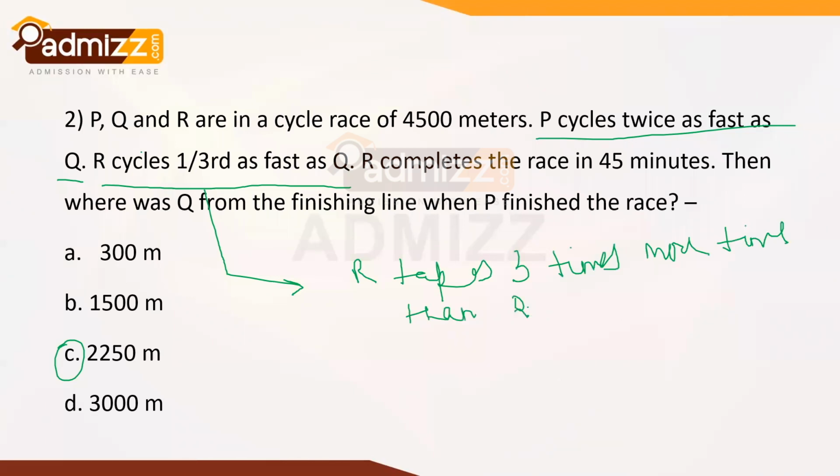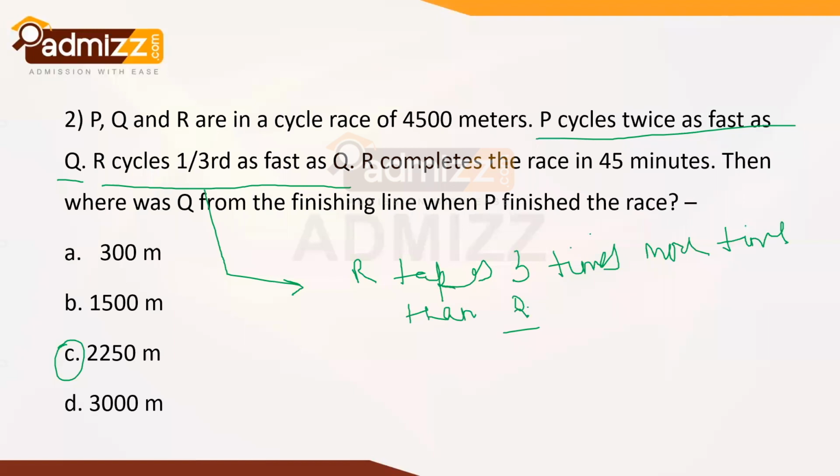Because since the speed of R is 1/3 of Q, that must also mean that R takes 3 times more time than Q. Lesser speed means that you travel for more time to cover the same distance. So from that inverse relation, what we can see is, this is key, R takes 3 times more time than Q.